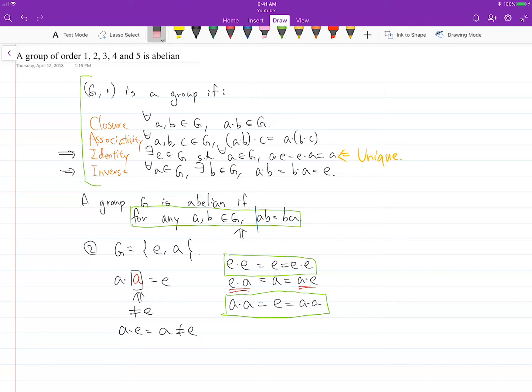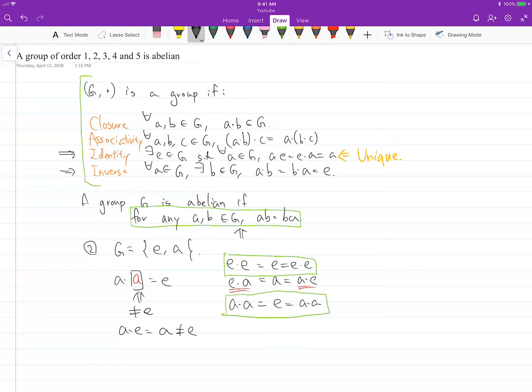For this first example, I'm following this definition strictly, but for the rest of the video, I'm not going to do the same element, different order, because it's pretty obvious. So now, for a group of order 2, we checked all the pairs of elements, and they commute. The order of multiplication doesn't matter, so we know that G is abelian.